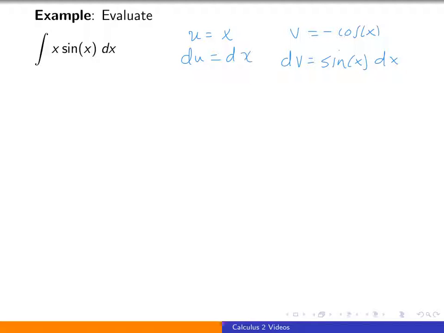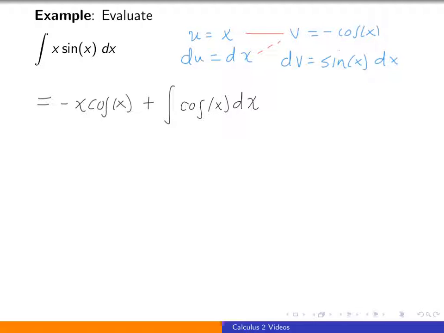Integration by parts tells us uv minus the integral of v du. So this integral becomes minus x cosine x minus the integral of minus cosine x dx. So the minus pulls out front, and this becomes a plus. And then we have the antiderivative of cosine.